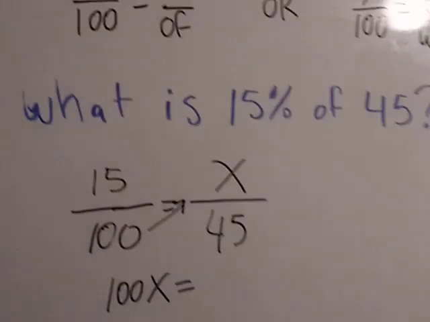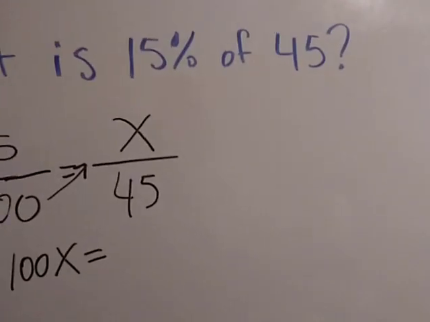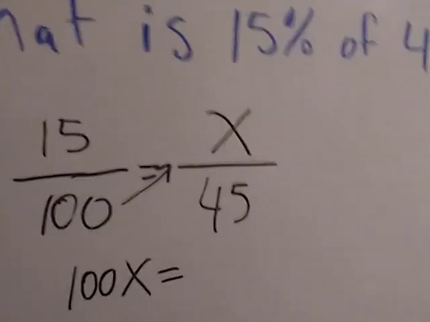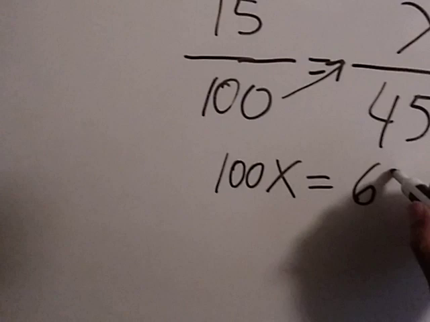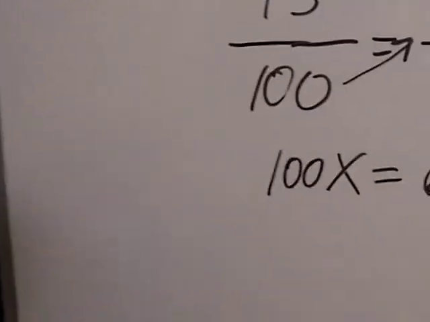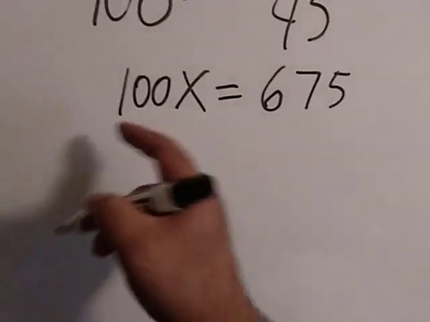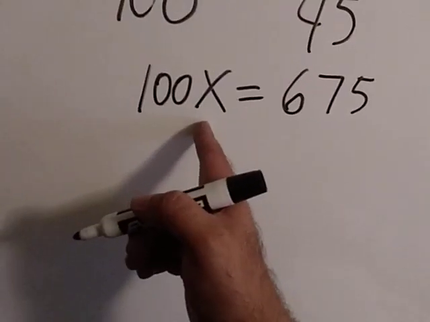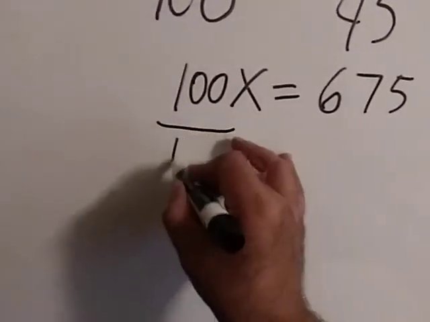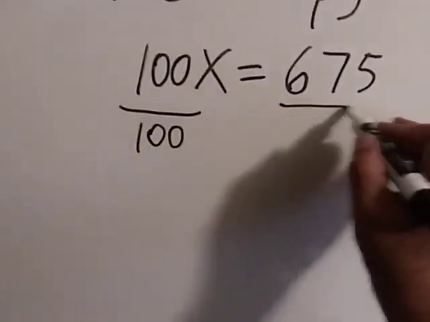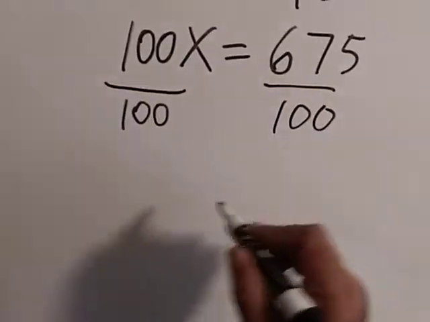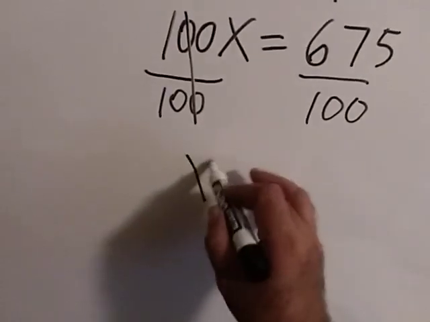Which gives us 15 times 45 gives us 675. And now, in order for us to proceed in isolating the value of x, we divide by 100, divide by 100, cancels out, so we're left with x.